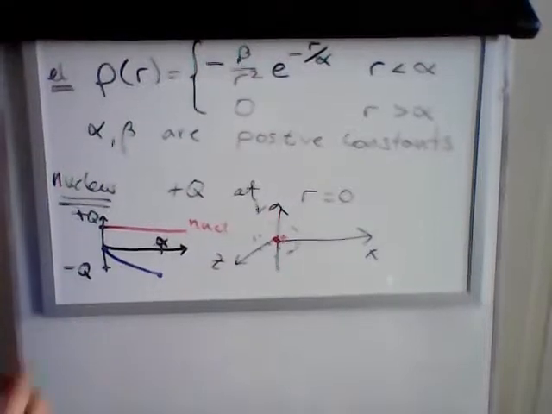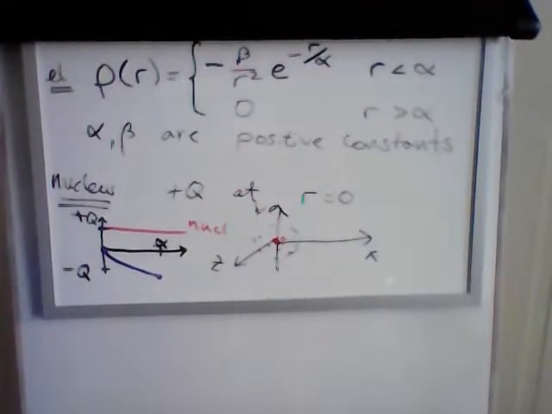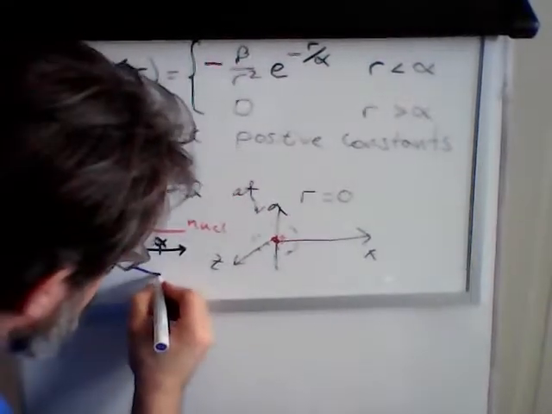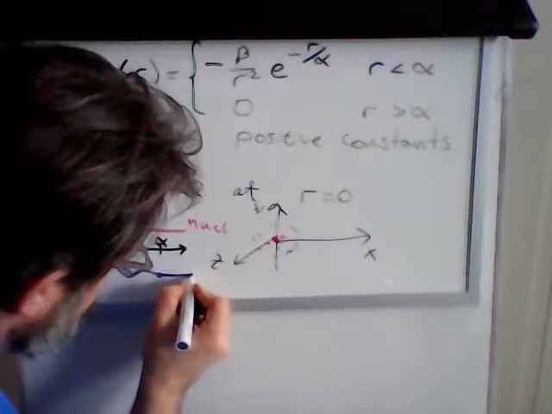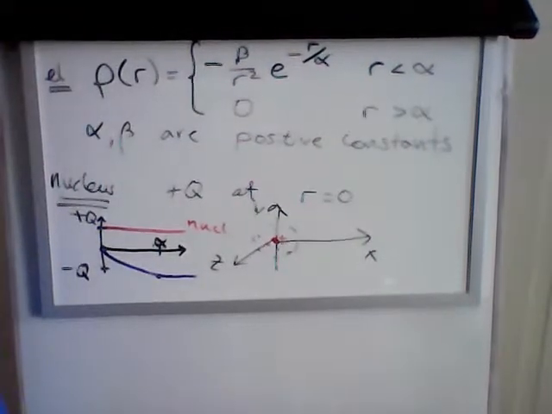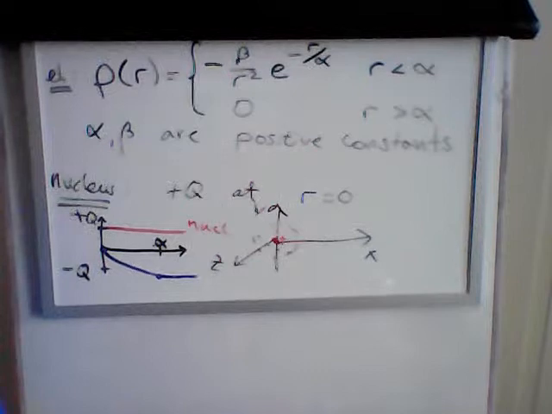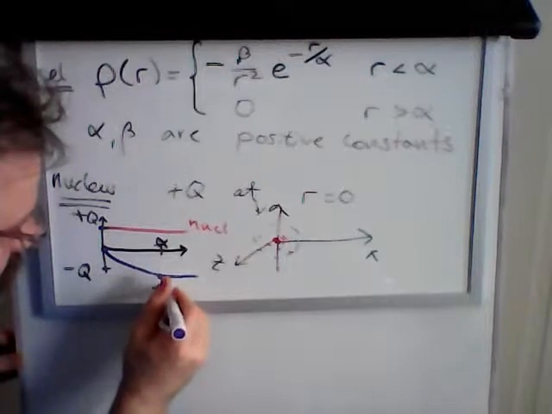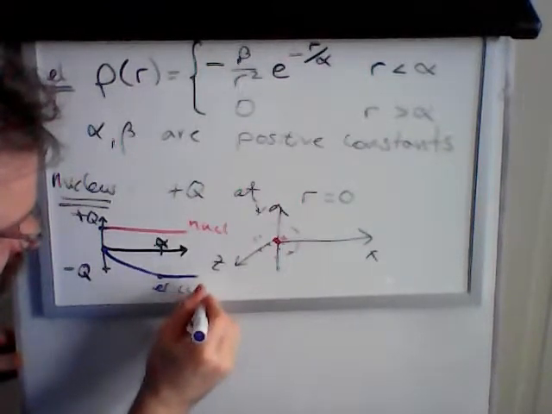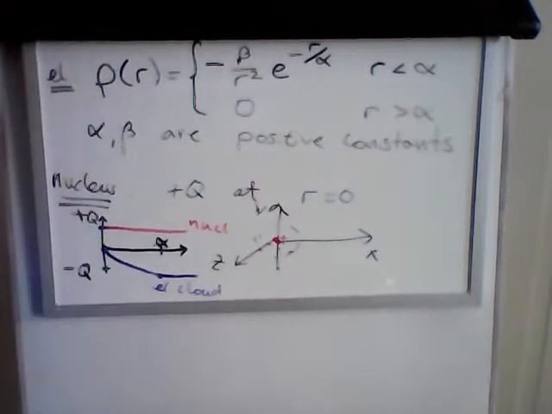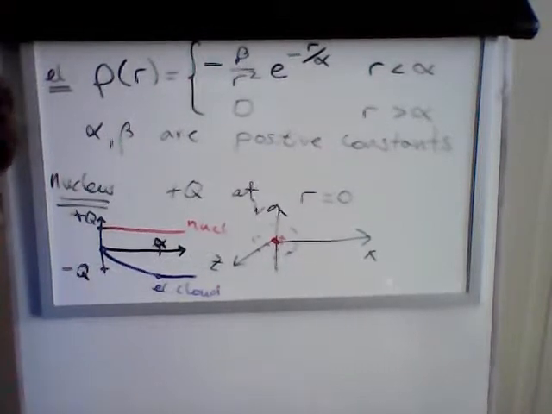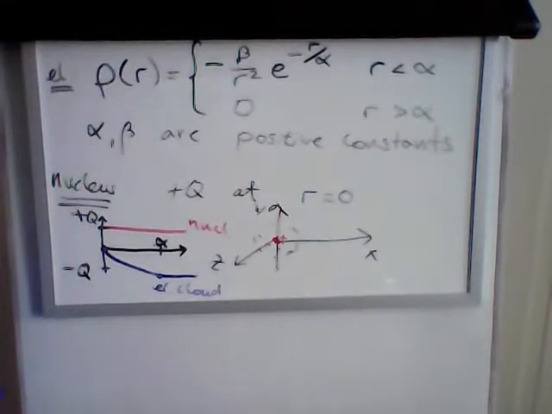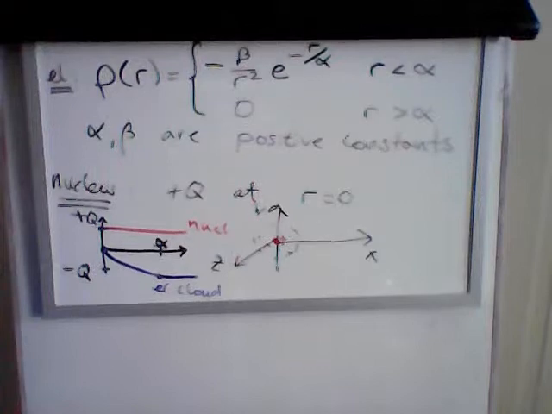And then after that point, it should keep going for a larger radius. So this is for the electron cloud, and this is for the nucleus. Okay, makes sense so far? I hope it does.